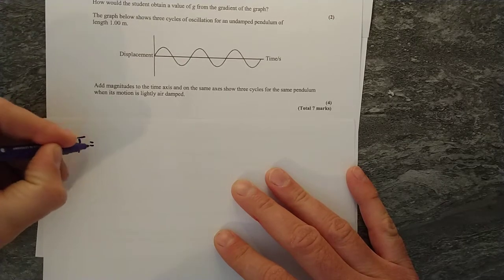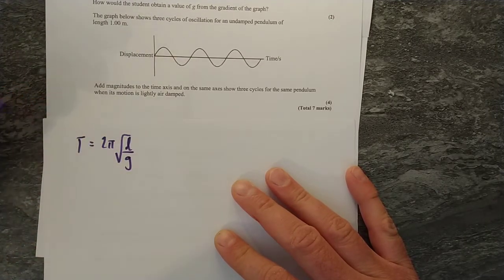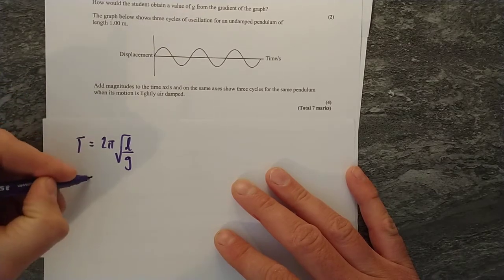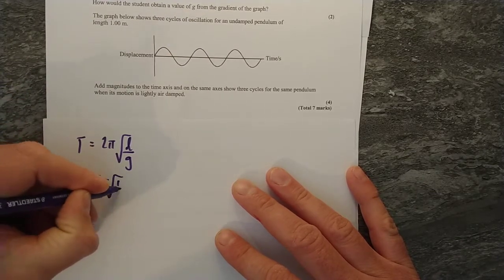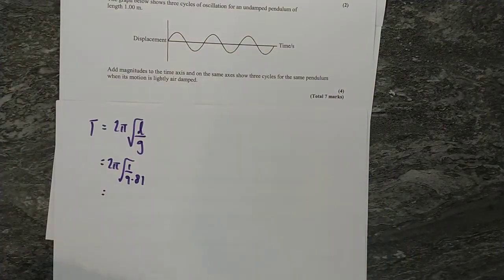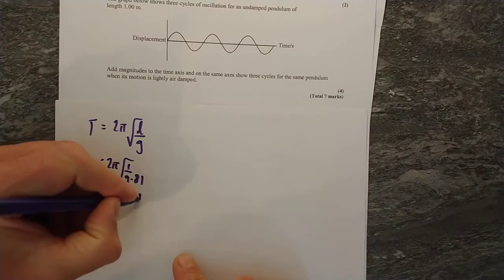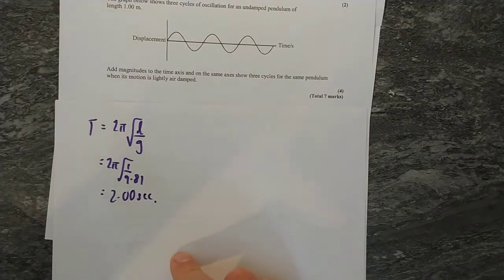T equals 2 pi root L over g, 2 pi root 1 over 9.81. So I think it should be about 2.00 seconds.